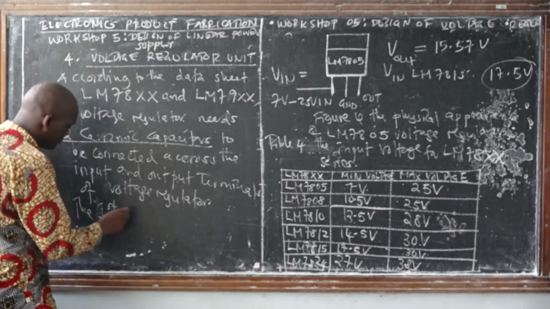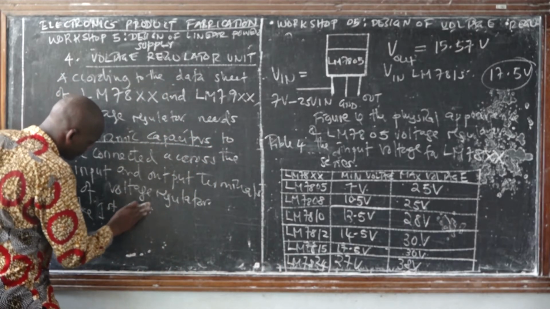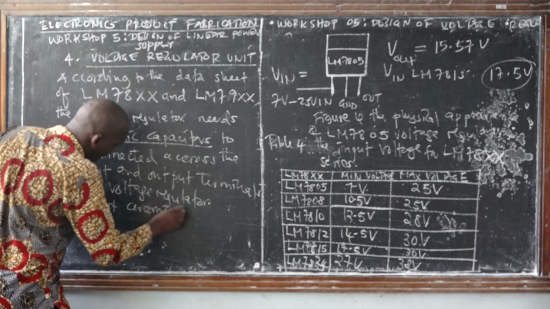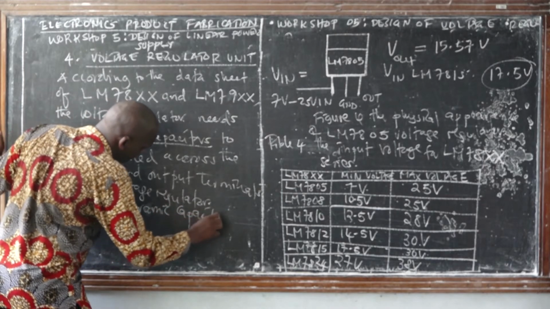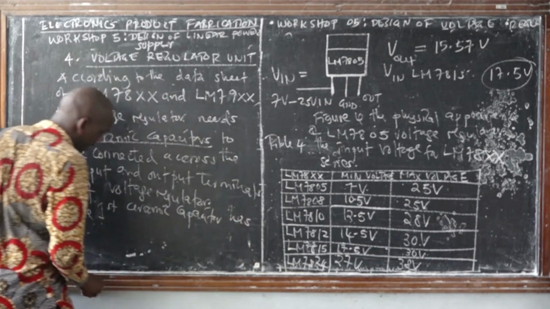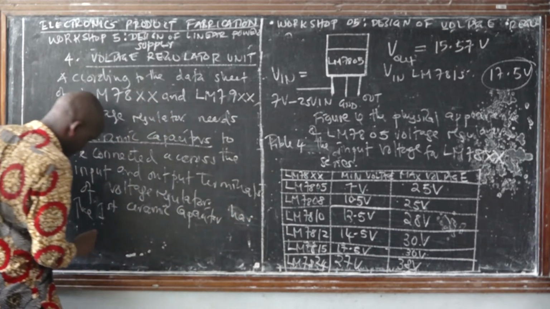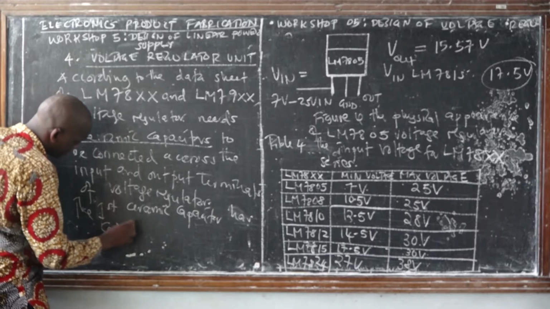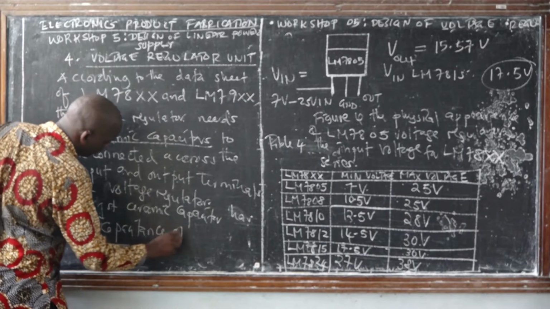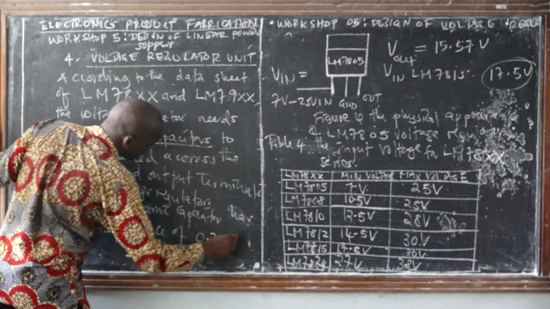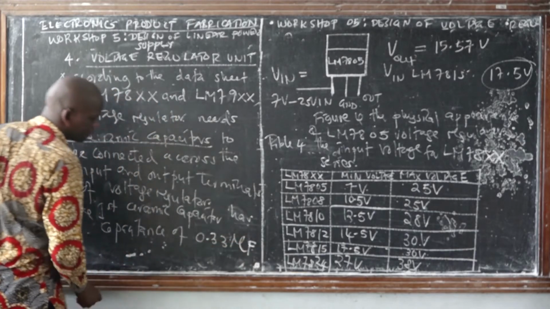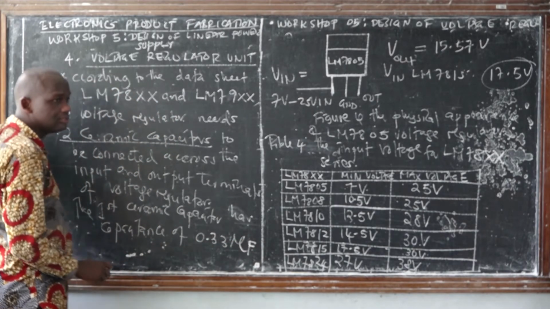So the first ceramic capacitor has a capacitance of 0.33 microfarad.